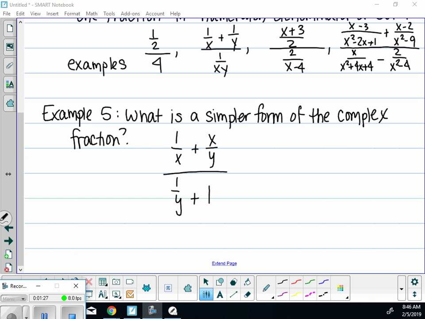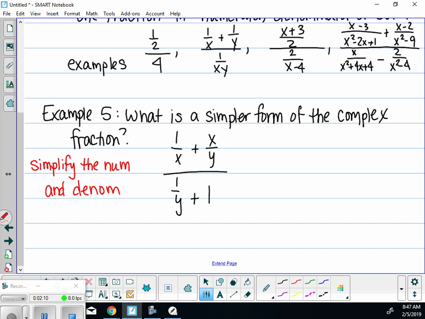So when we look at trying to simplify a complex fraction, what we're going to do is focus on the numerator separately from the denominator. We are going to see if we can simplify the numerator at all, and the denominator at all separately.